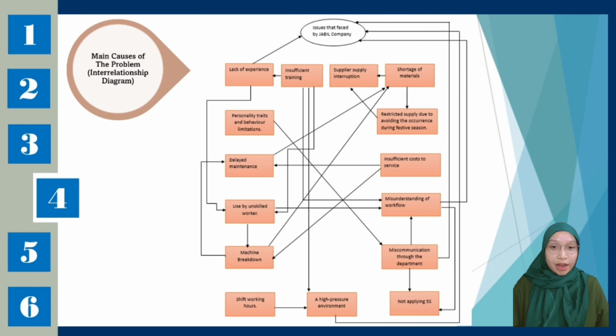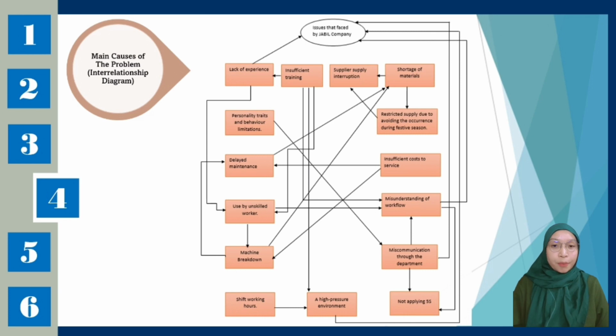Based on the diagram, I can conclude that there are three main problems faced by the Jabil company. That is, miscommunication between departments and lack of training each have three outgoing arrows, which means they are the main point where this problem occurs. Whereas misunderstanding of workflow has three incoming arrows, which makes it one of the main effects.